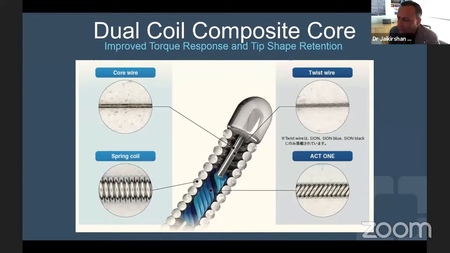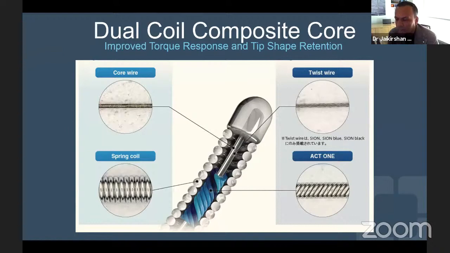We didn't really have this in many applications, at least not in the US, until recently. The technology is applied to tapered wires, stiff wires, coiled wires, and polymer jacketed wires. It's sometimes called Sion Tech, sometimes Act One, depending on the market you're in. But basically that's this dual coil composite core technology.